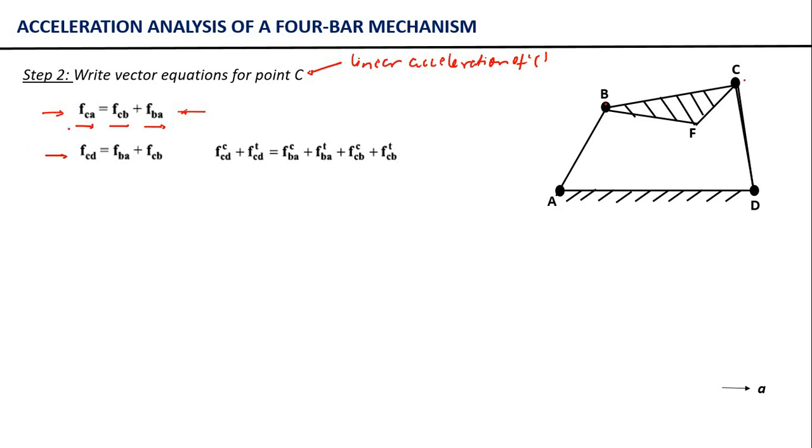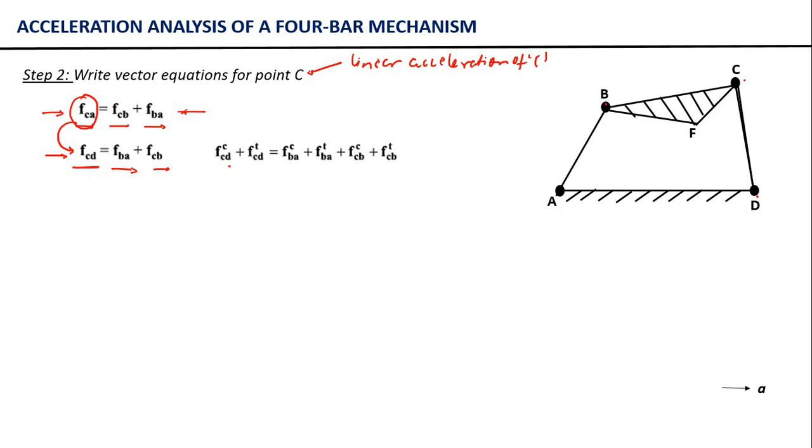This FCA vector will be replaced by the FCD vector, that is acceleration of C relative to D. This is because both points A and D are fixed points, so it doesn't matter whether you write FCA vector or FCD vector. Now this will be equal to, rearranging these two vectors, FBA vector plus FCB vector. Afterwards you break down all these vectors into two components, that is the centripetal and tangential components.